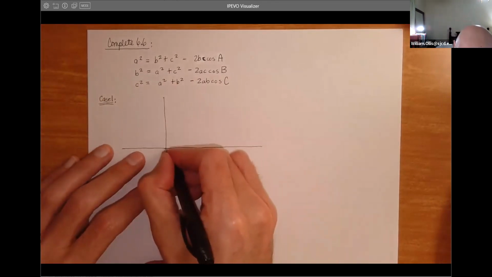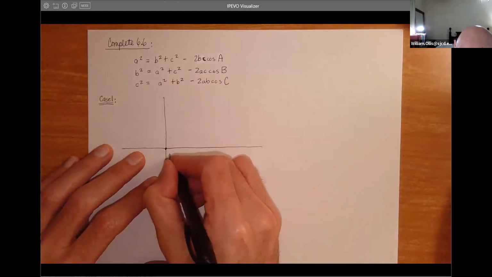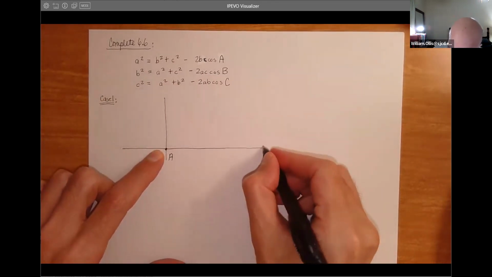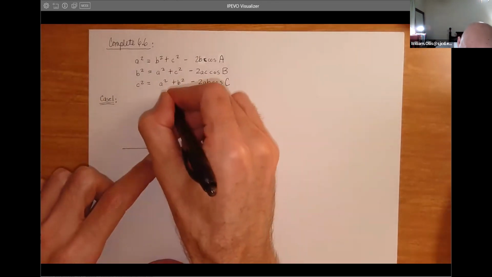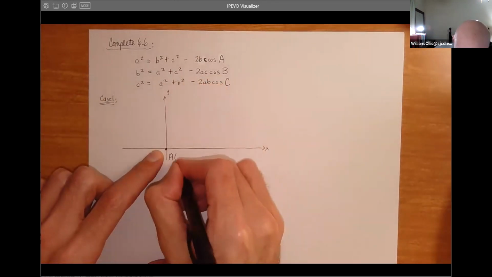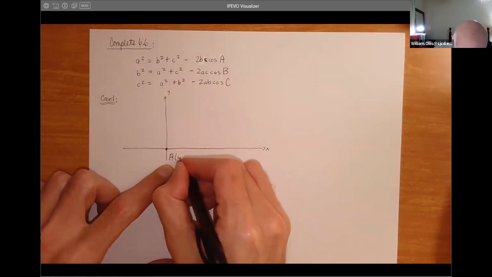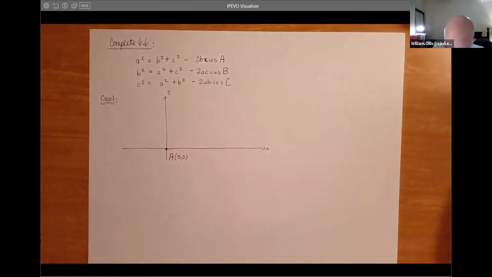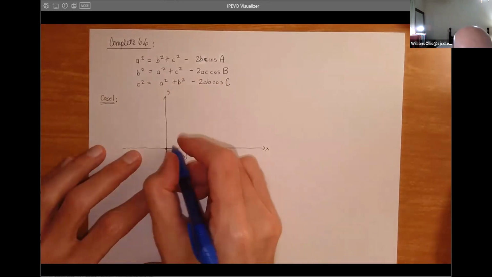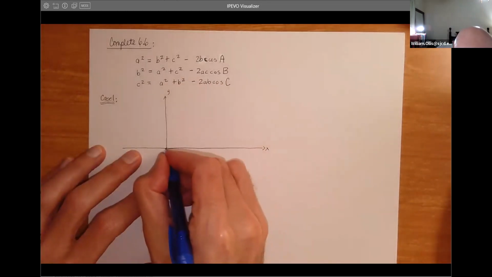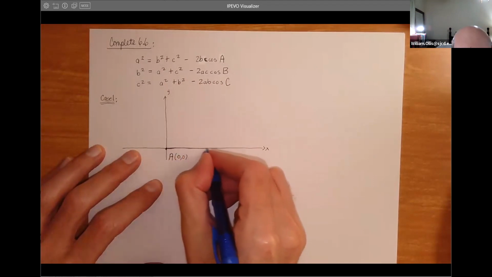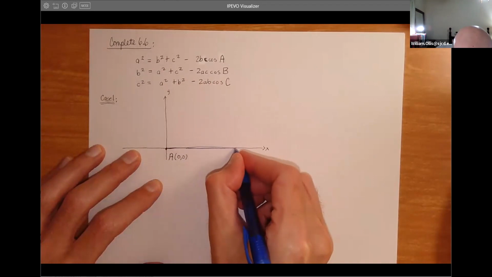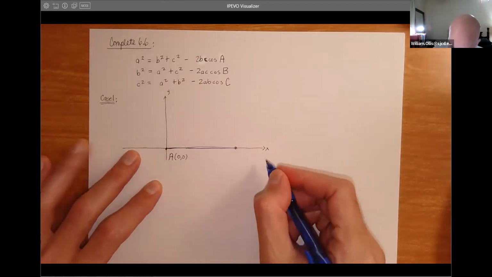So now we're going to take vertex A to be right at the origin of the coordinate system. We'll label it A, and we'll put its coordinates 0, 0. And then we'll just extend, and it doesn't matter how you configure the letters. I think I'll just put the C here. And then we'll label it once we figure out what its distance is.